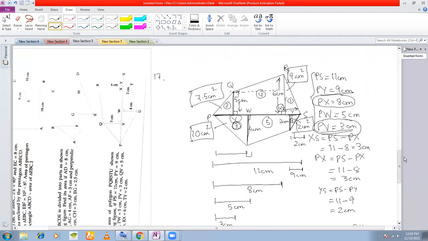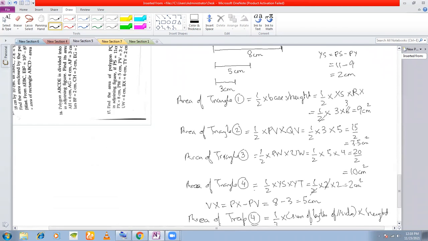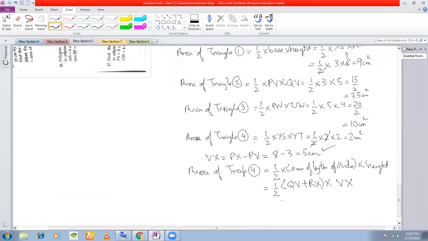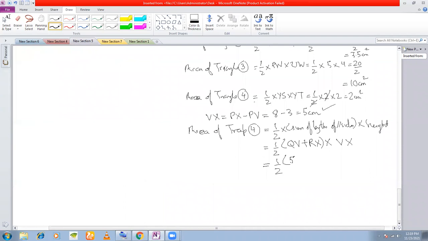Half into QV plus RX, into the height, which is VX, found above. QV is 5 and RX is 6, already given. So 5 plus 6 into VX, which we found to be 5. So this is half into 11 into 5, which is 55 by 2, equal to 27.5 centimeter square. Okay, so this trapezium is over.